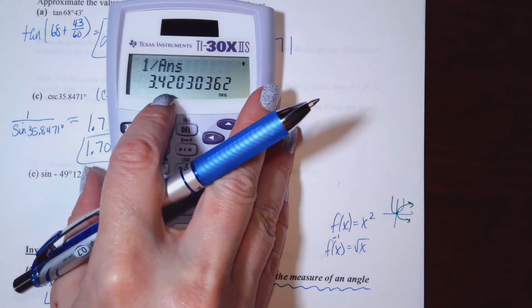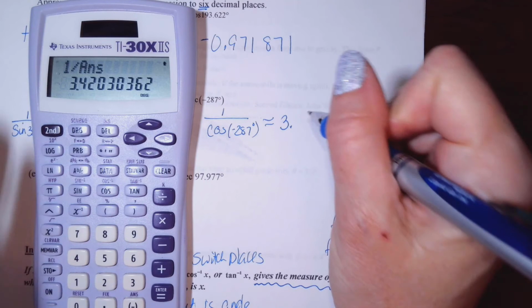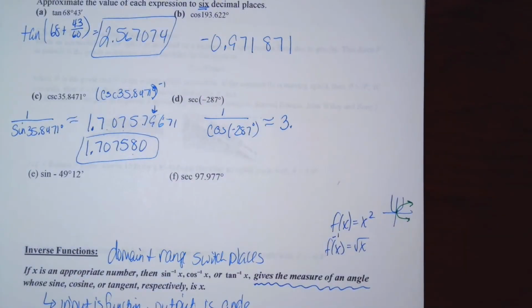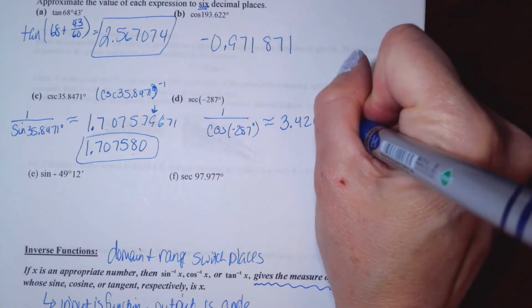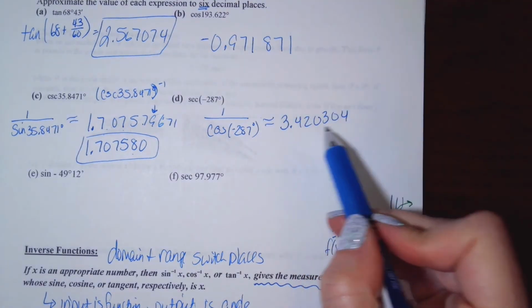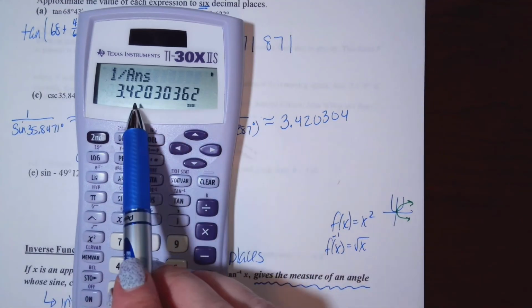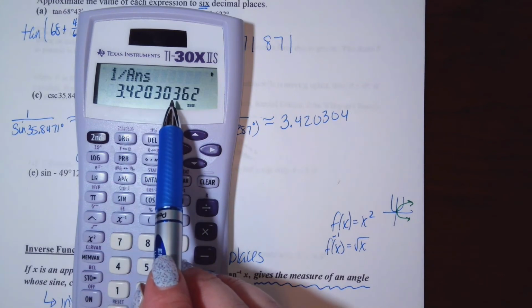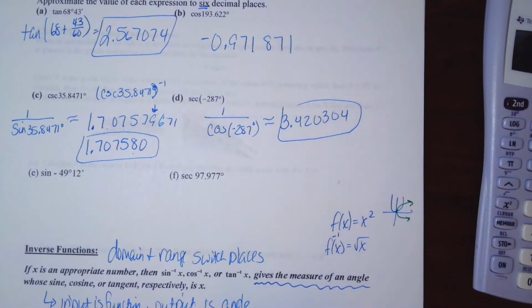So that's a valid secant function value. I've got 3.420304 when I round correctly. Make sure you round correctly, because my math lab will count it off. I will count parts of points off if you aren't rounding correctly. So there is that secant function value.